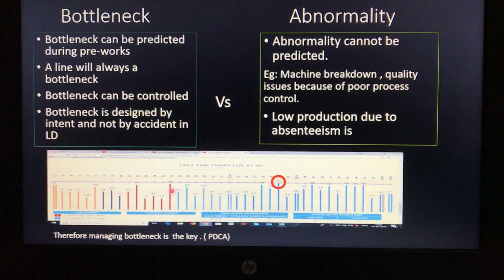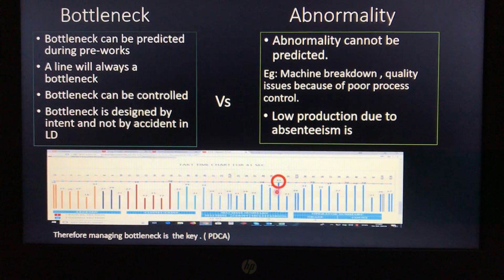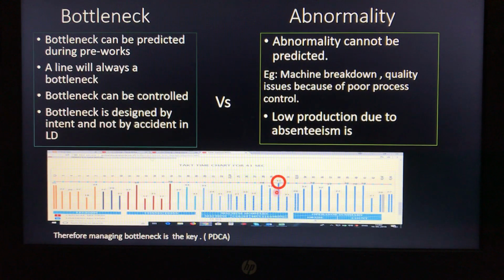So the point is, bottleneck is not a surprise. Bottleneck is something which can be predicted. Bottleneck is something which you can control, and bottleneck is something which you can monitor.